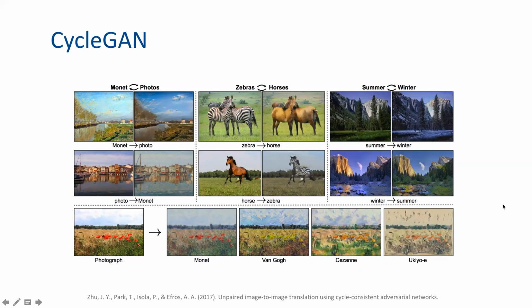And someone's asking, is it similar to neural style? Not really. It's very much more powerful than neural style. Well, it shares something in common with neural style. Let me think carefully. I suppose it does have the property that it doesn't require aligned images.